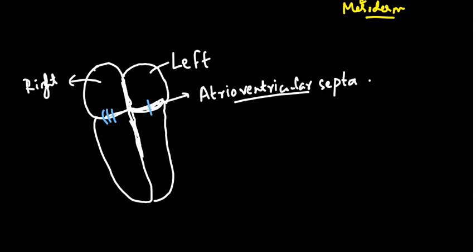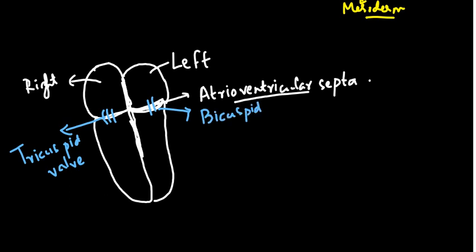The valve present between the right atrium and the right ventricle is called the tricuspid valve. And the valve between the left atrium and left ventricle is called the bicuspid valve. All the valves prevent the backflow of blood. That means once the blood passes from atrium to the ventricle, it cannot flow back to the atrium because the valves will close.